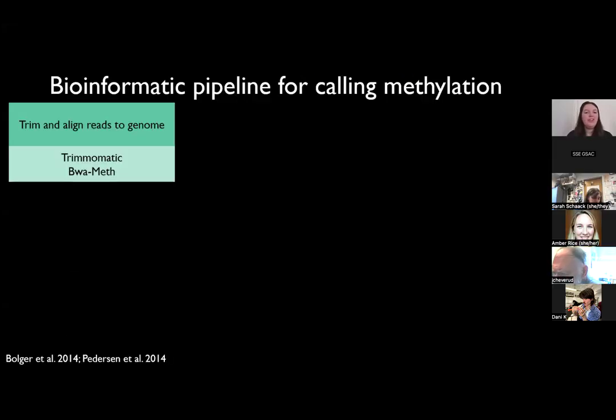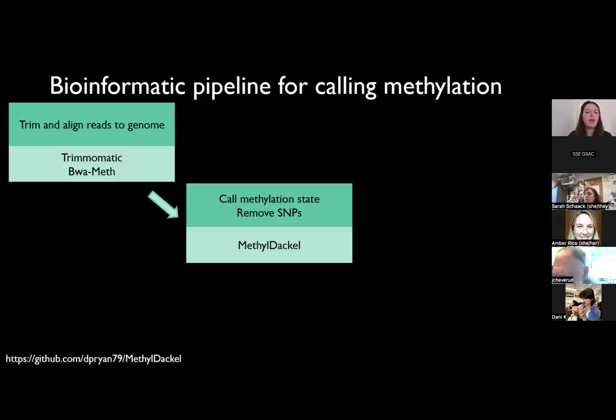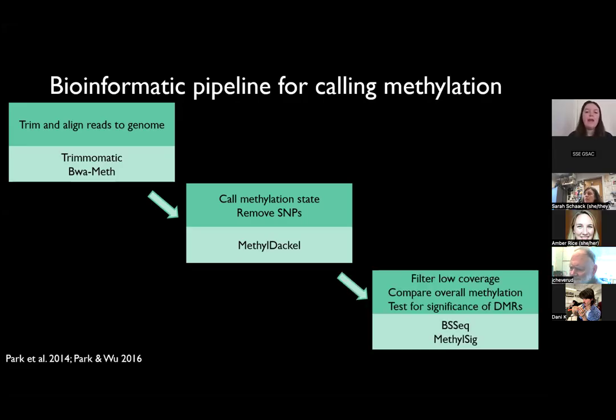And so then once you get that sequencing data back, it undergoes a bioinformatic pipeline. So the first one, you trim and align the reads to our reference genome. Then you are calling the methylation state of each cytosine, and you're able to remove any SNPs so that doesn't cloud your data. And then finally, you filter low coverage, and then you do 2 big analyses.